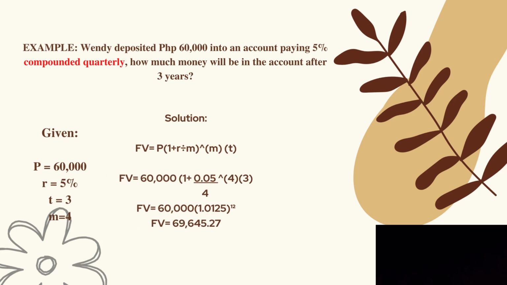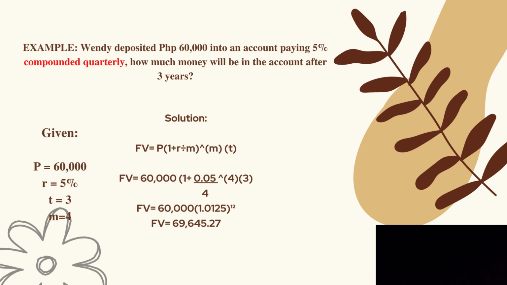Next example is: Wendy deposited 60,000 into an account paying 5% compounded quarterly. How much will be in the account after 3 years? So, just like earlier, write down the given. So, principal 60,000, rate 5%, time 3, M is equal to 4, because quarterly is stated.